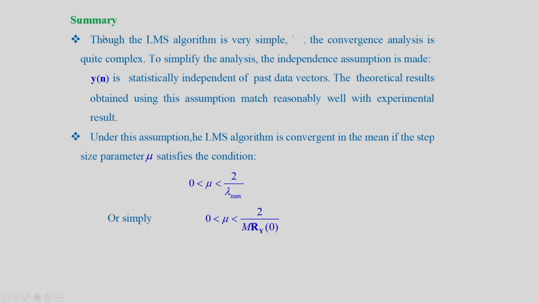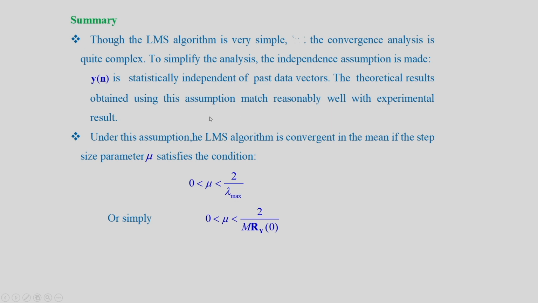Let us summarize the lecture. Though the LMS algorithm is very simple, the convergence analysis is quite complex. To simplify the analysis, the independence assumption is made. That is, Y[n] is statistically independent of past data vectors.